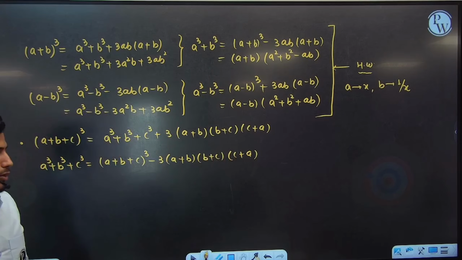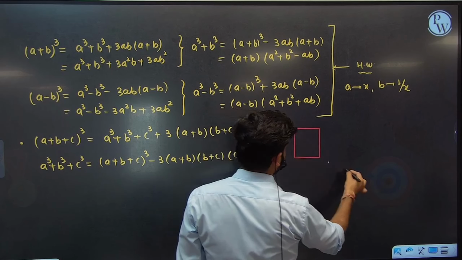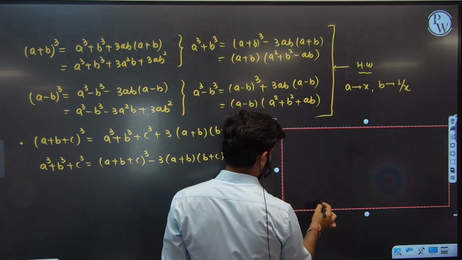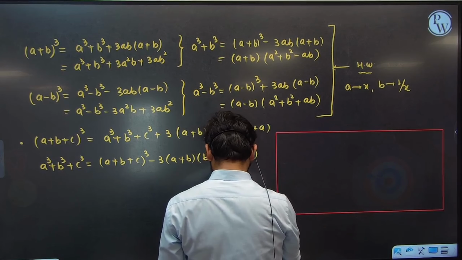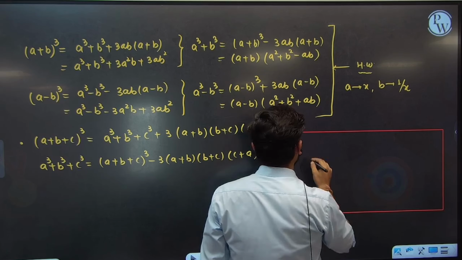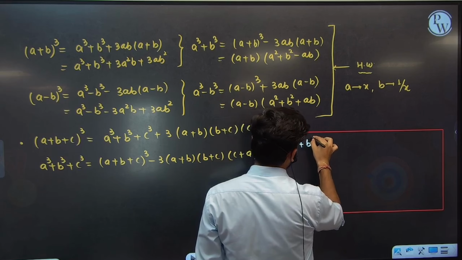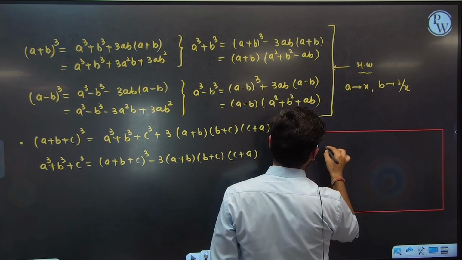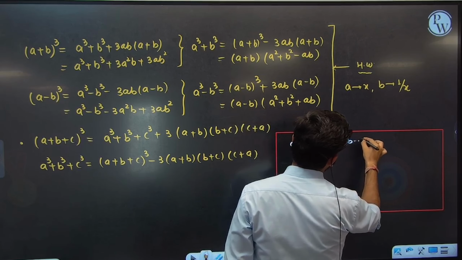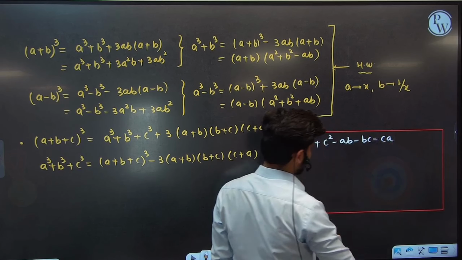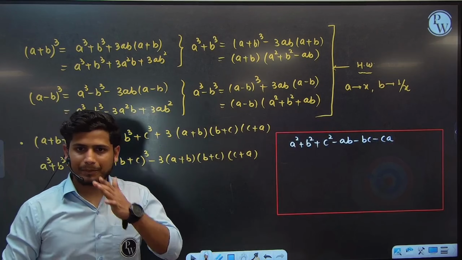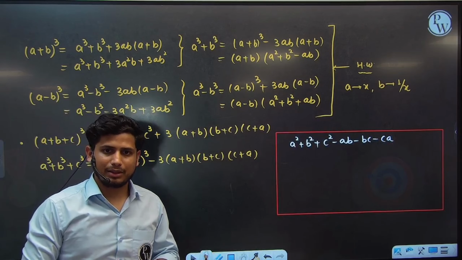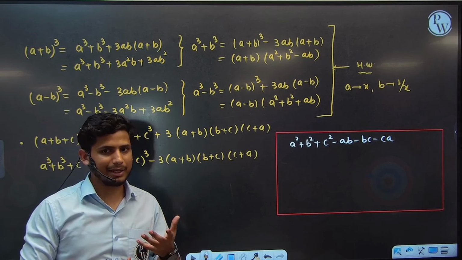Okay. Now a square plus b square plus c square minus ab minus bc minus ca. Here this is an expression in three variables a, b and c.